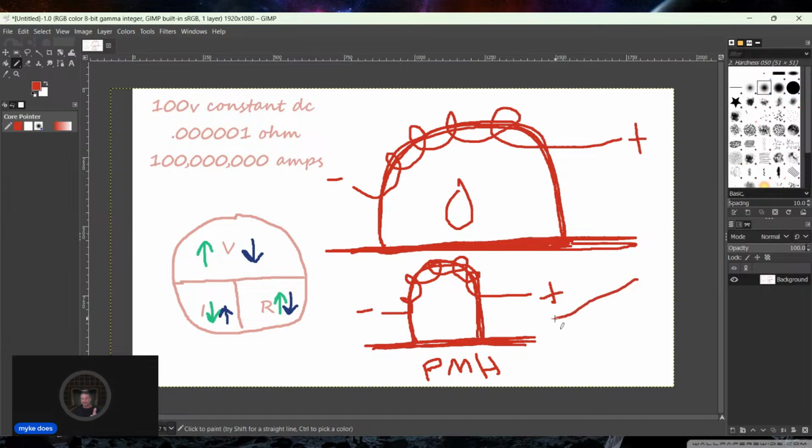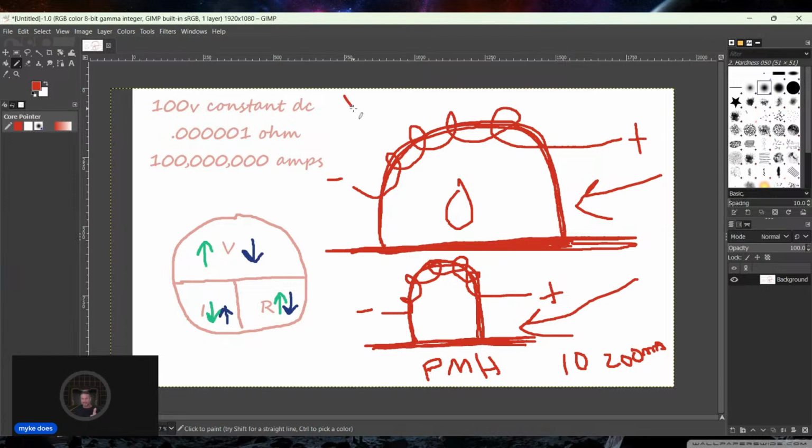So in the bottom example, it's not a superconductor. The top example, it is a superconductor. You have a whole different scenario here now. You pulsed the bottom one with 10 volts, let's say 10 volts, 200 milliamps is what you were able to get through the coil.